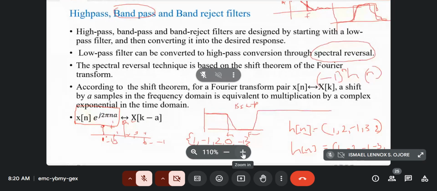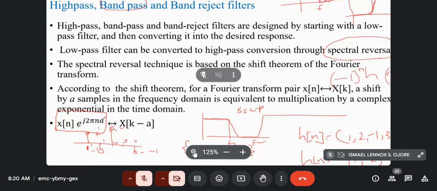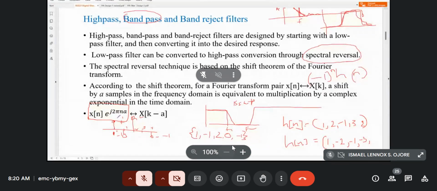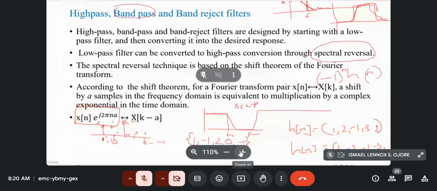This is what I was looking for, e to the j2 pi n a. So from here, if you convert this into sines, then you can see why H n ends up having every other term inverted. Sorry about that, I was trying to explain something which is already here. So you can try to work that out.